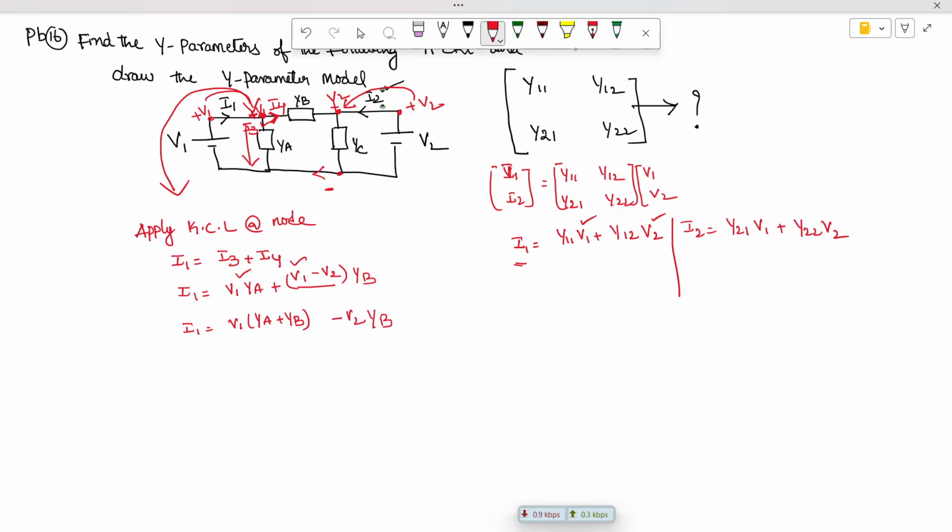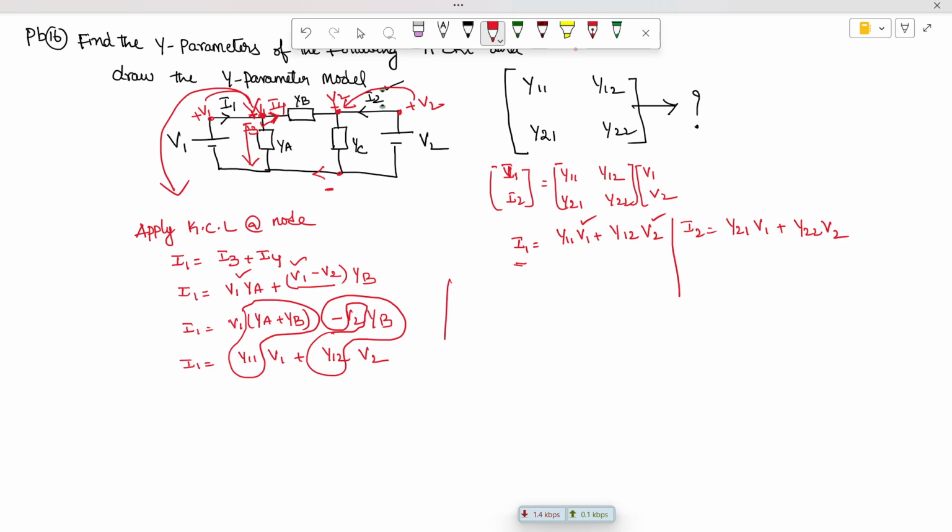Comparing with the equation I1 is equal to y11 V1 plus y12 V2, y11 is YA plus YB, and y12 is minus YB. So now we got the two values.